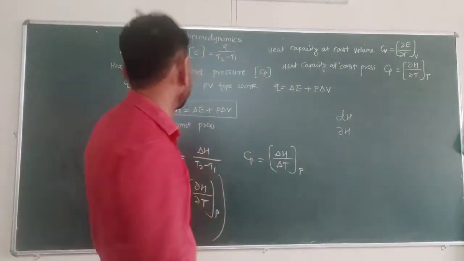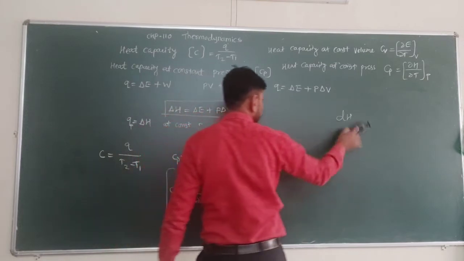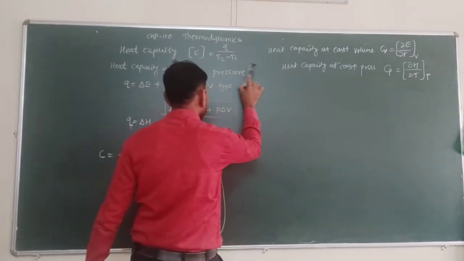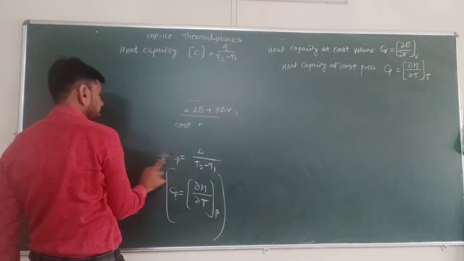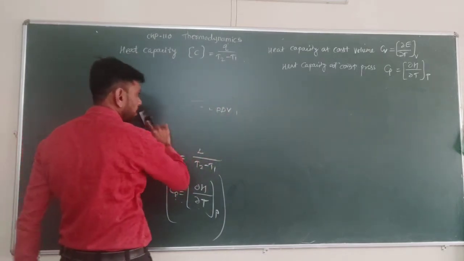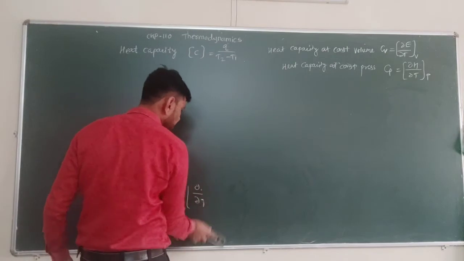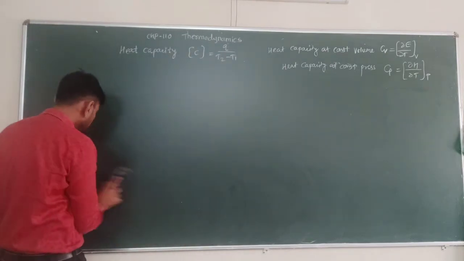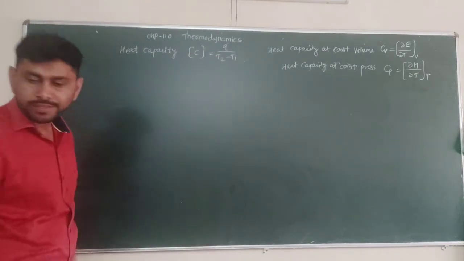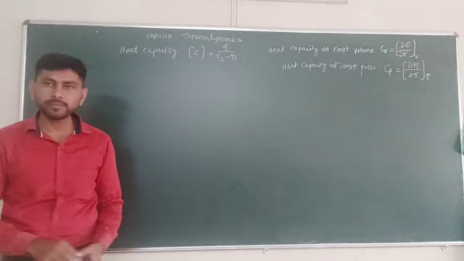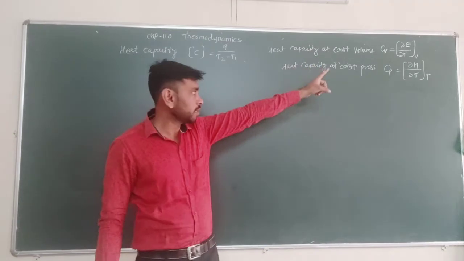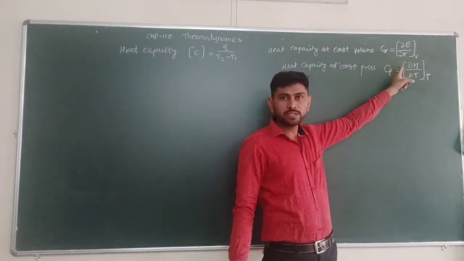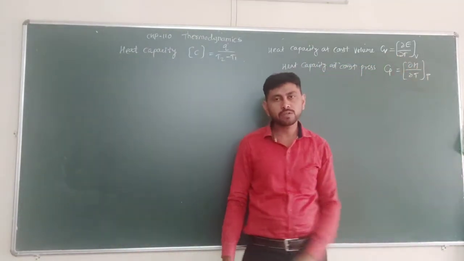What do we gain from these equations? These equations indicate that heat capacity at constant volume is the change in internal energy of the system per unit change of temperature at constant volume.